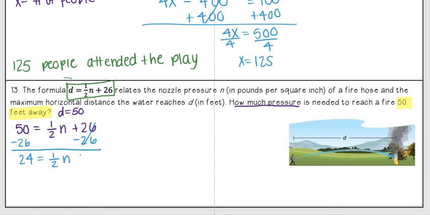I'm going to undo that division by multiplying both sides by 2. So I get 48 is equal to 1n. Well, 1n, that's just the same thing as n. So I get 48 is equal to n. So this would need 48 pounds per inch nozzle pressure.